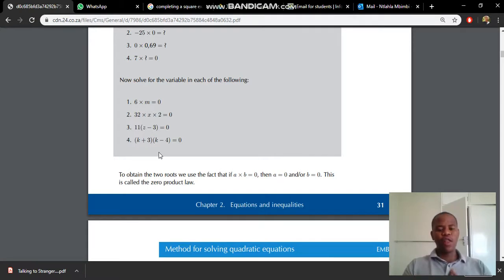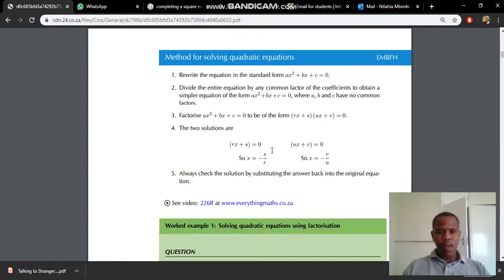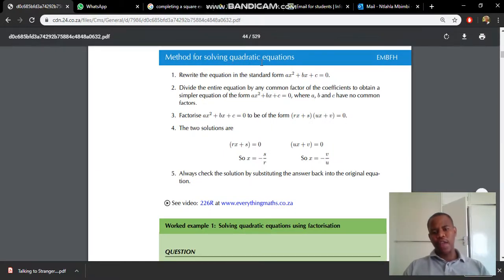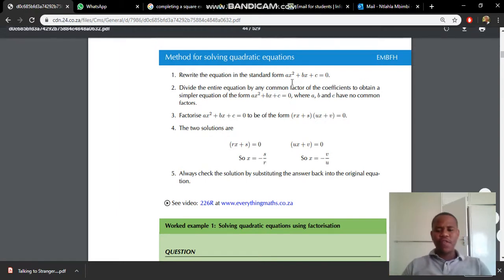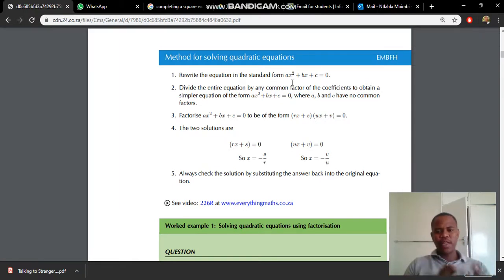Now, first of all, here we'll be looking at solving equations using factors. So this is the method of solving quadratic equations. You write the equation in the standard form. So if you have something on the right hand side of the equation, bring it back and make sure that it's in the standard form.